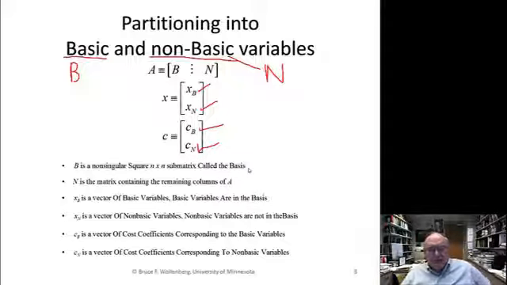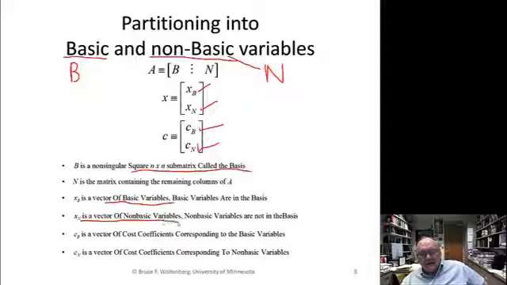This is in your appendix on LP. B is the non-singular square m by m submatrix called the basis. So this is square. N is the matrix containing the remainder of the columns of A. XB is the vector of basic variables that are in what we call the basis. XN is a vector of non-basic variables. CB, of course, is the cost coefficients on the basic and the non-basic.